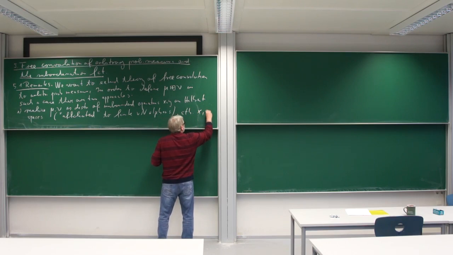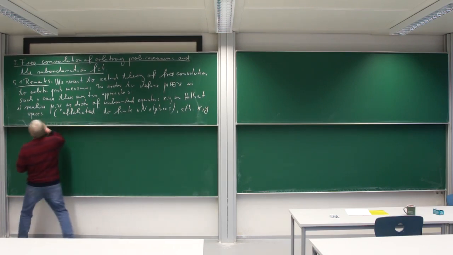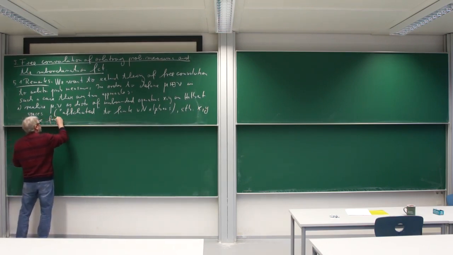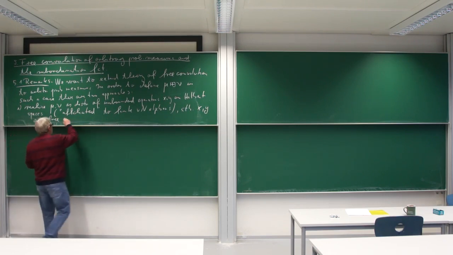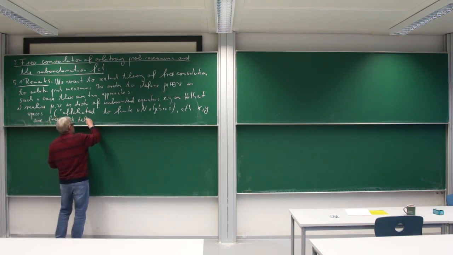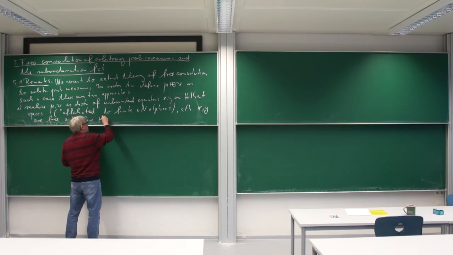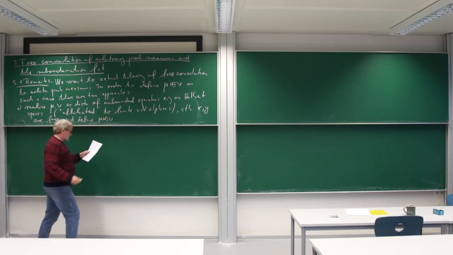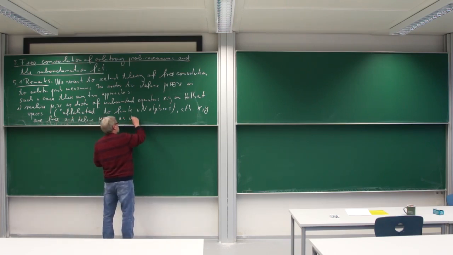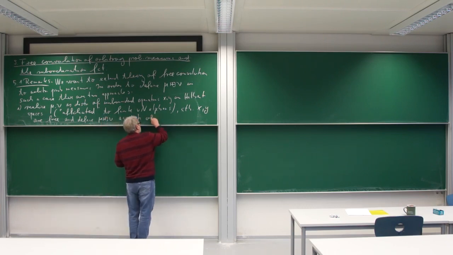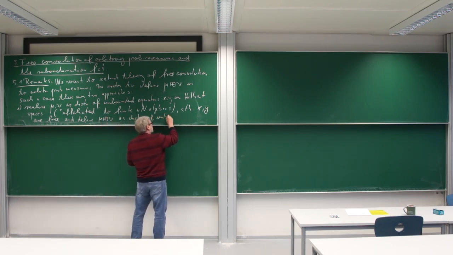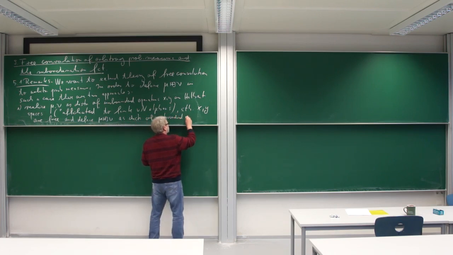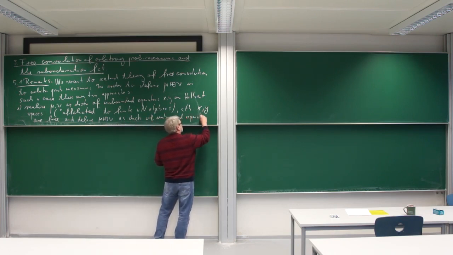Such that x, y are free. And then, of course, we define the free convolution of our two measures as the distribution of the sum of our operators, which of course is then also an unbounded operator, x plus y.